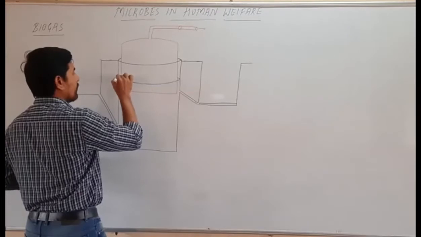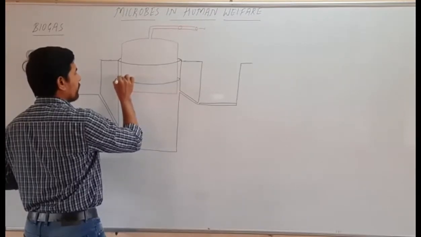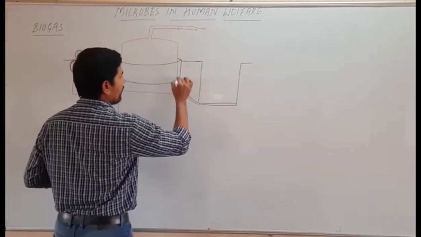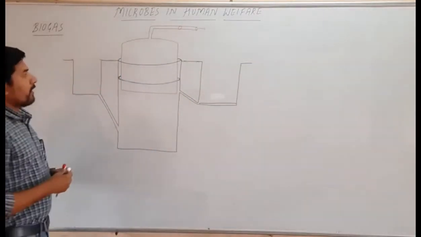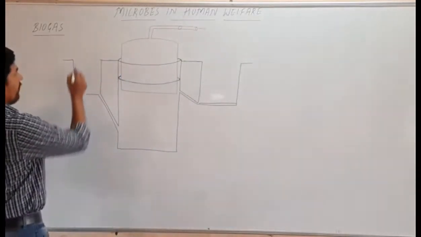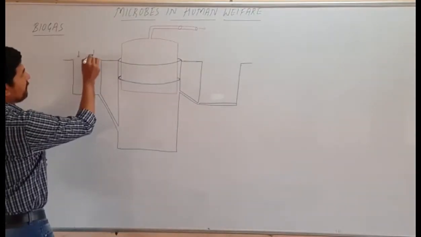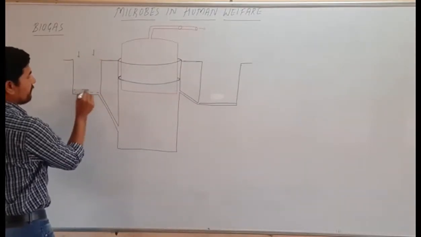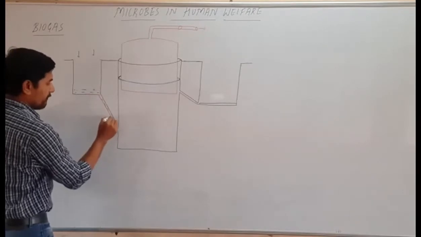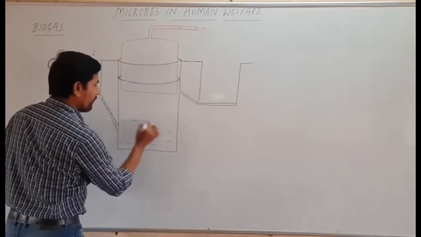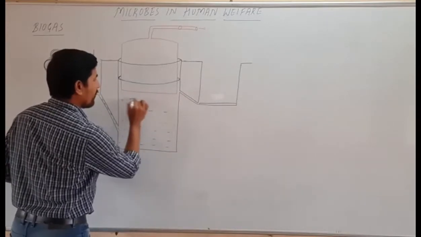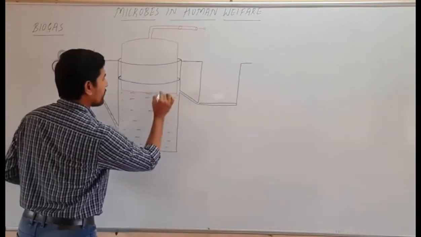This is a rubber tube which is fitted. Okay. Now here we have an inlet. This is the digester, which is made up of concrete tanks.